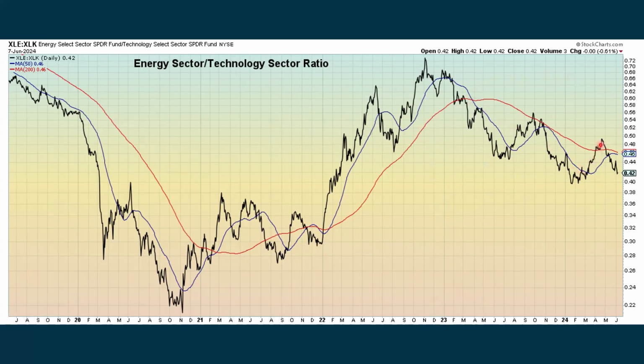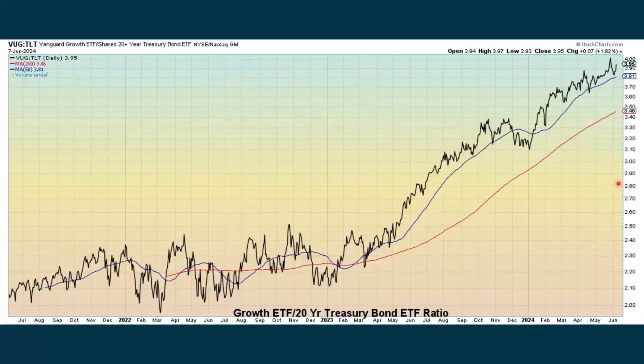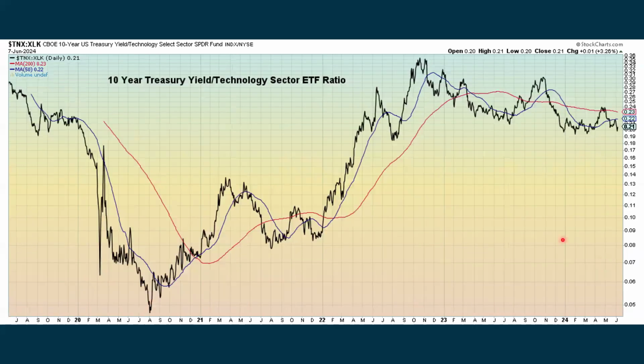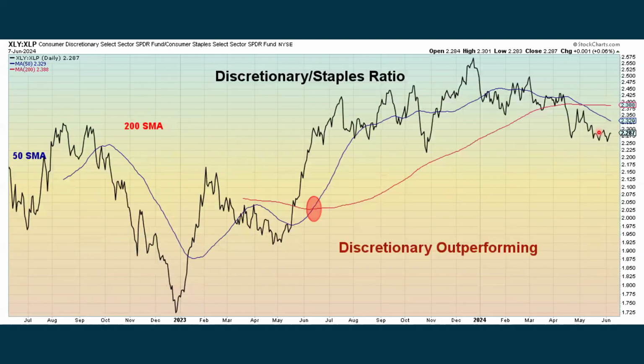It was starting to come back up, but now it's starting to pull back down as tech has been outperforming lately. Growth stocks versus bonds, just showing how growth stocks continue to outperform here. And the tech sector with the 10-year yield, showing how the tech sector is outperforming the 10-year yield ratio. This is an inverse of that, showing how the 10-year is underperforming the tech sector.